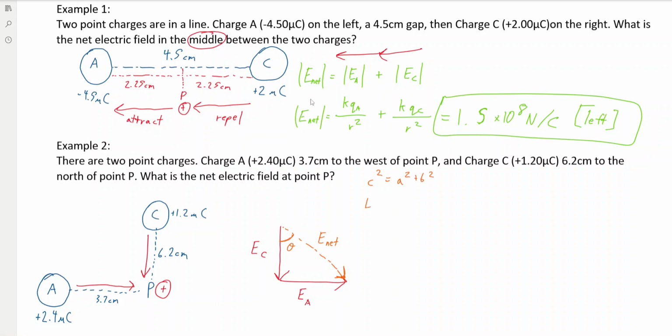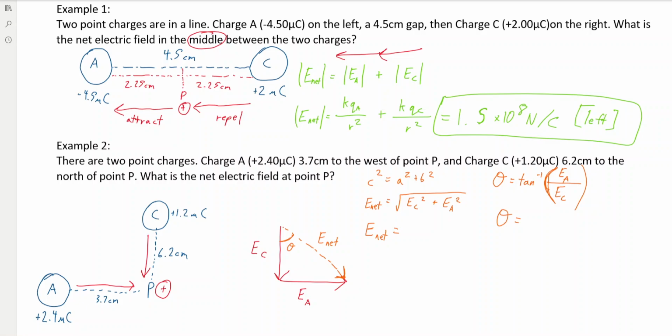So E net is the square root of EC squared plus EA squared. And to find the angle, it'll be theta equals tan inverse of opposite, which is EA, over adjacent, which is EC. So we're going to find the angle, and we're going to find the electric field net.